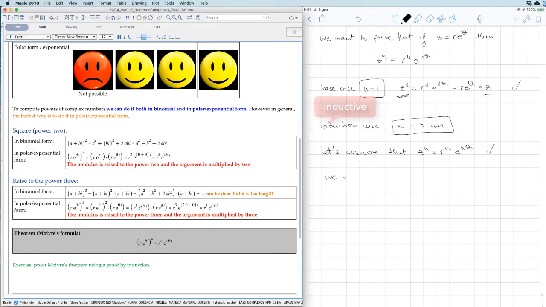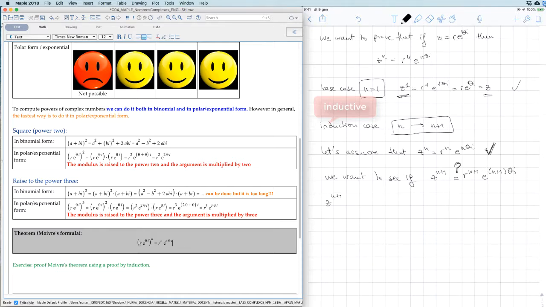We want to see if, when we substitute by n plus 1 in the formula, this is also true. Okay, so we assume that this is true, and we want to see if this equality here holds.